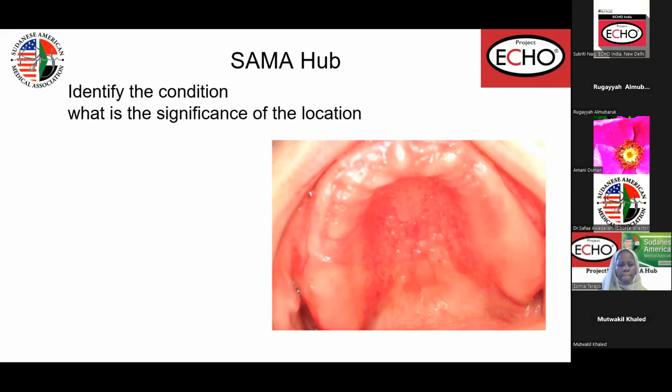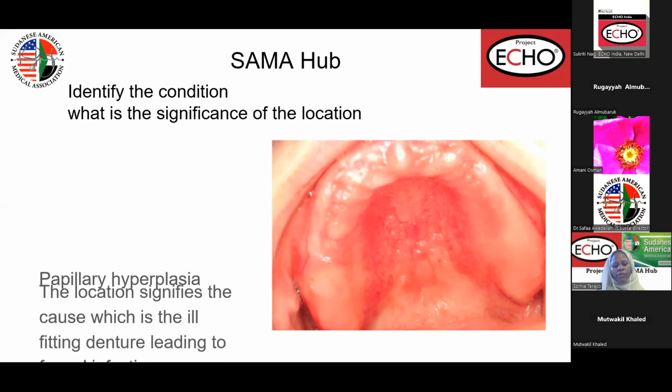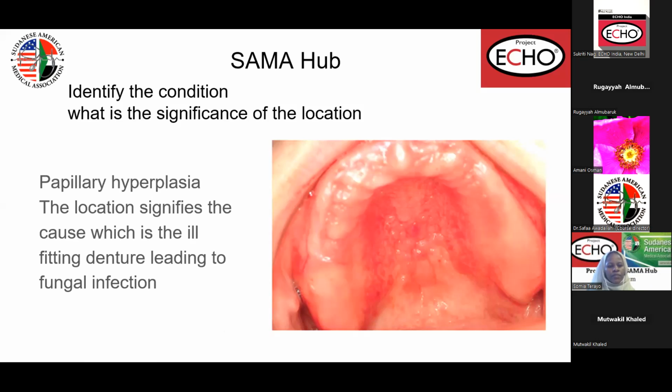For denture stomatitis, okay. Well, you can also call it papillary hyperplasia. Papillary hyperplasia of the palate. It is actually due to ill-fitting denture, but it is usually accompanied by fungal infection or candida infection, low-grade type.